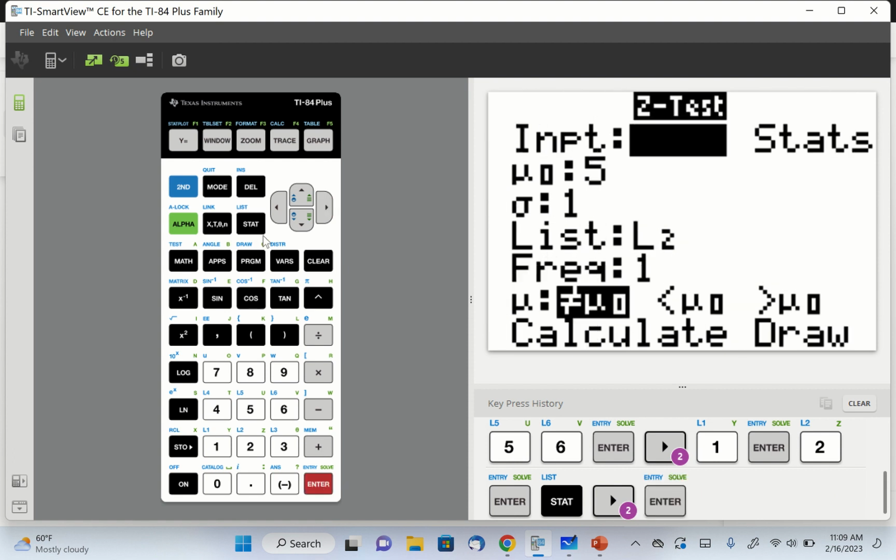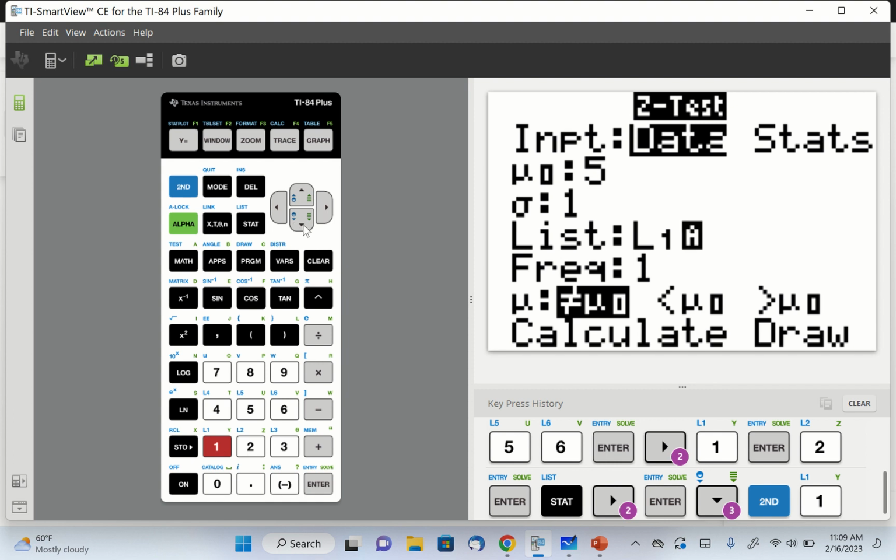And so here then you would come down, enter the population mean, population standard deviation, and then the list name. So to type in the list name, let's say all my data values were entered and they're in L1. The list names are up here above the numbers on the calculator screen. So second 1 will give me the L1.